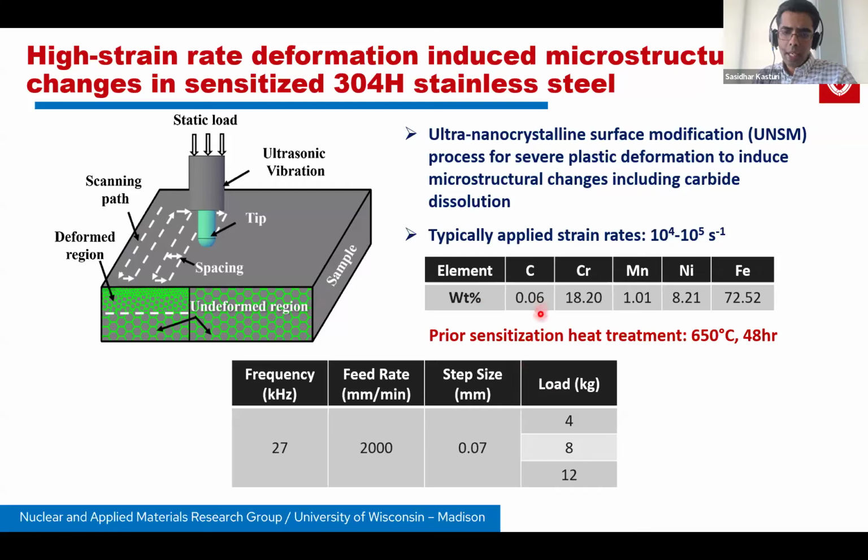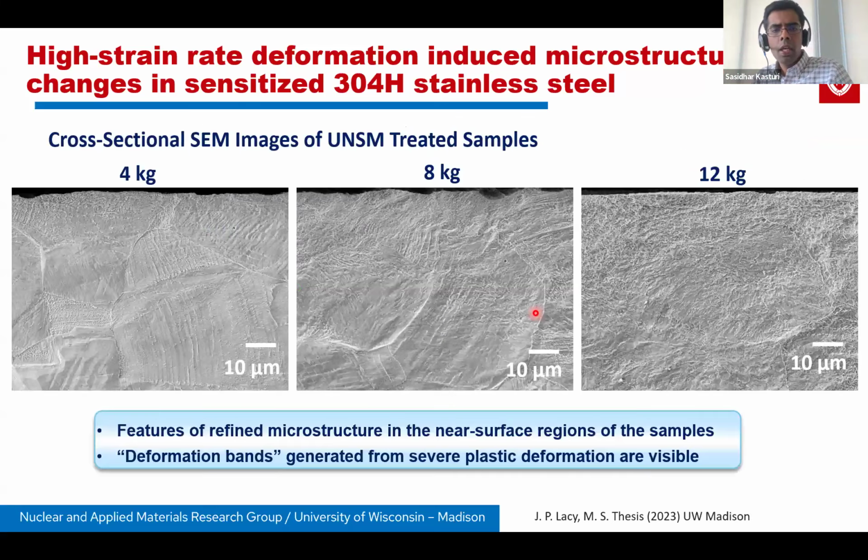We used a relatively high carbon, basically to exacerbate the effect of sensitization. More carbon in the stainless steel means you can have more carbide formation and chrome depletion along the grain boundaries. So that was the process, and the effect of the process.